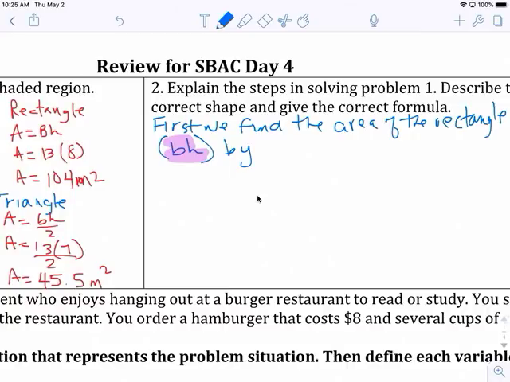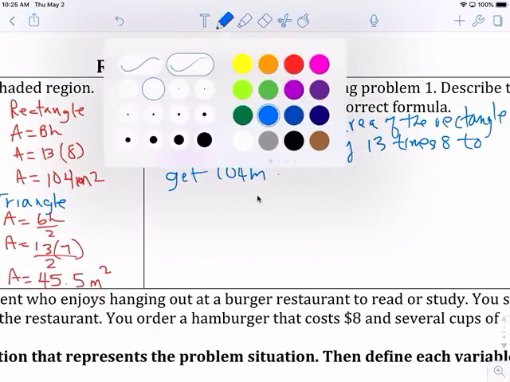By multiplying, then I explain what I multiply: 13 times 8 to get 104 meters squared.